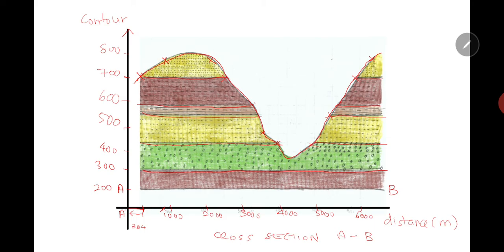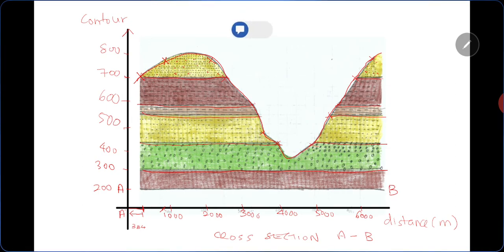For example, like this one, from contour 700 to 800, we have this symbol because that is the representative in your map 1. So finish all of that, and after you get this cross section, you finish the first task for your map.